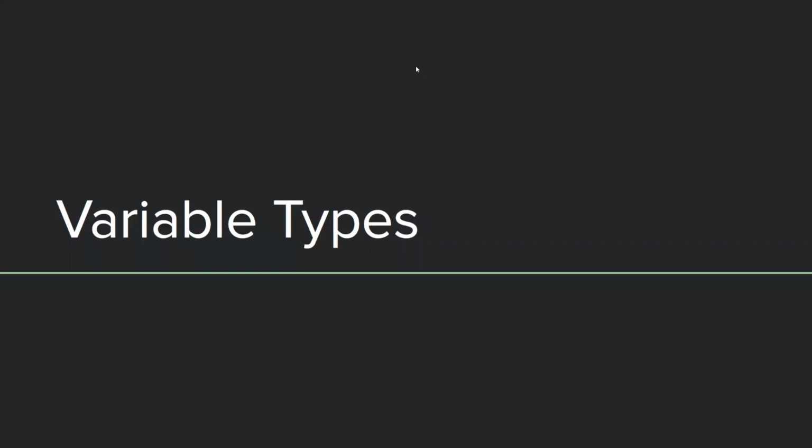So when we talk about variable types, there's different symbols that we have in our English language. We have letters, just like the alphabet. We have numbers, which are the two most common ones in English. But we have true or false.